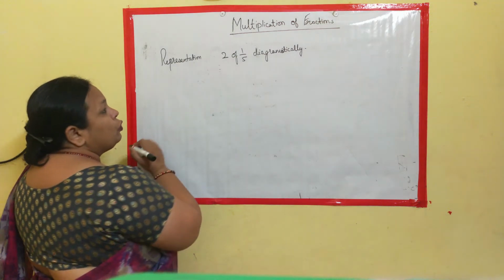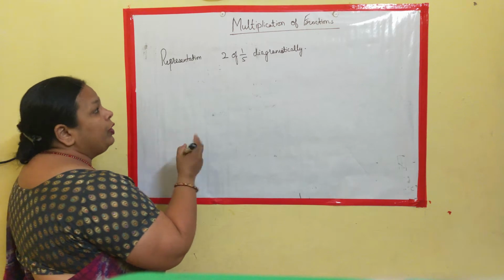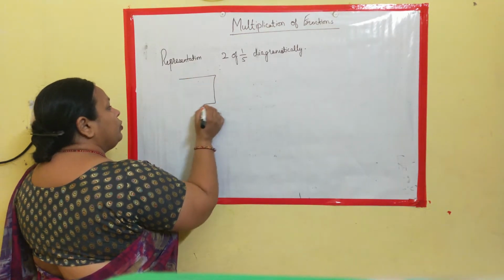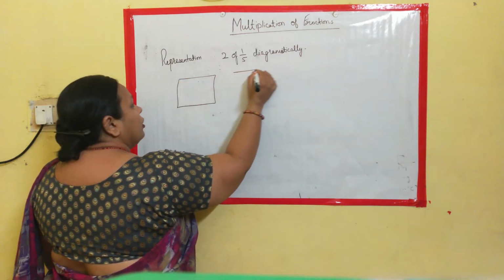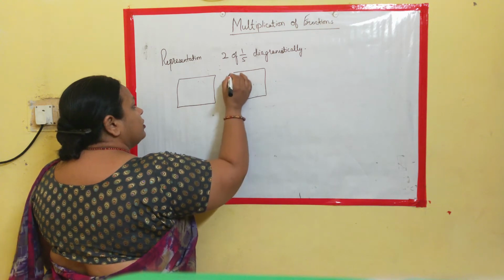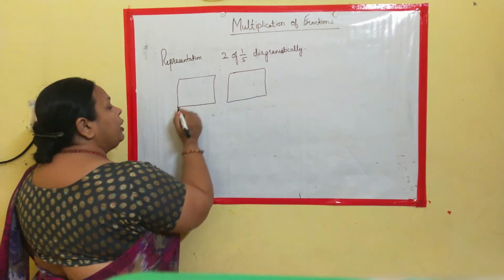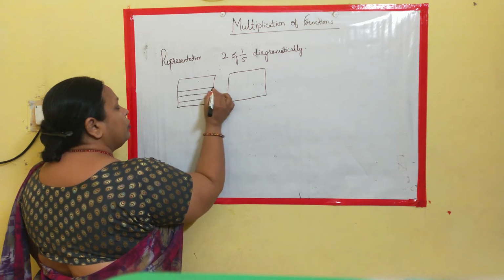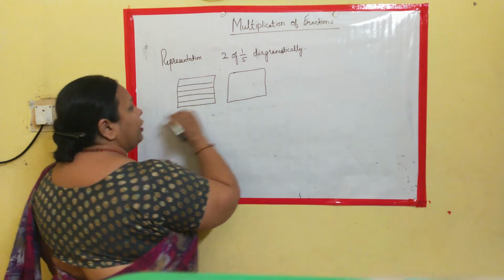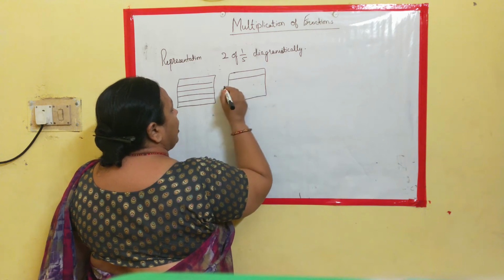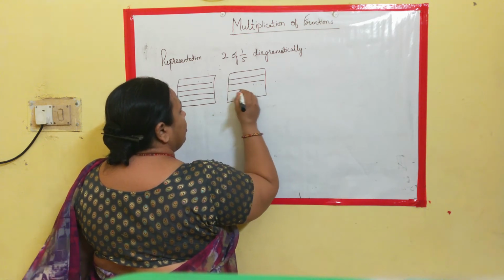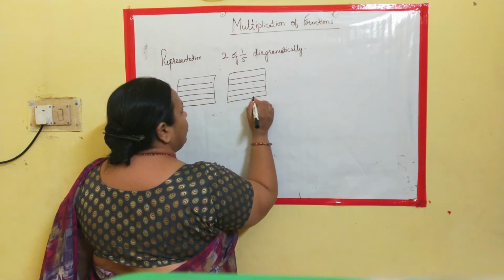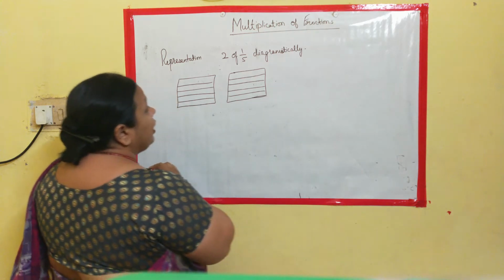How to represent 2 of 1 by 5 diagrammatically? 2 means 2, we know 2. So what we are going to do is take 2 objects, clear? Divide them equally into 5 parts, 1, 2, 3, 4 and 5. Similarly here, 1, 2, 3, 4 and 5, clear?